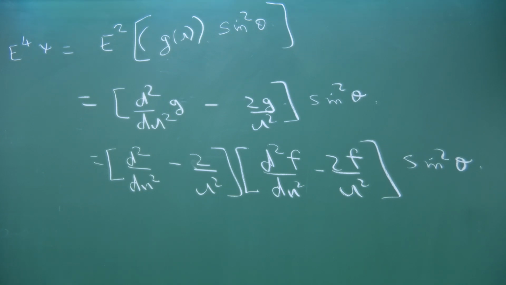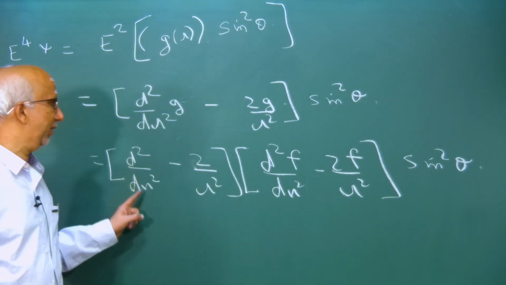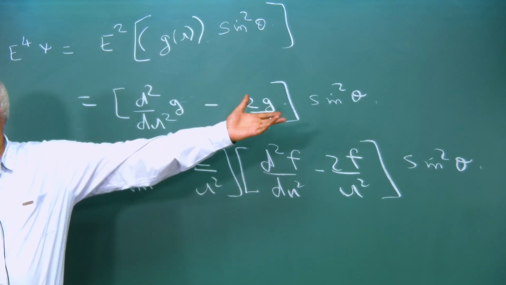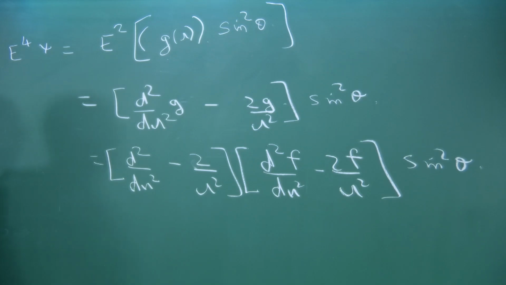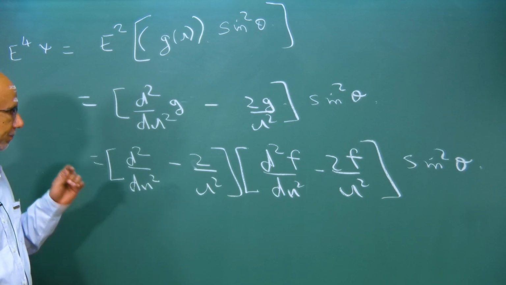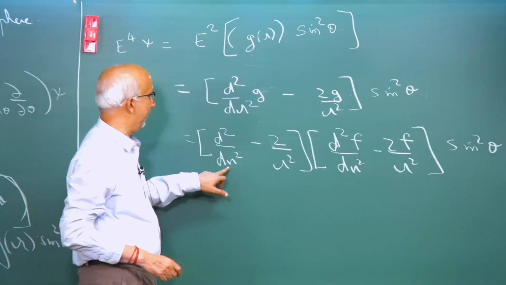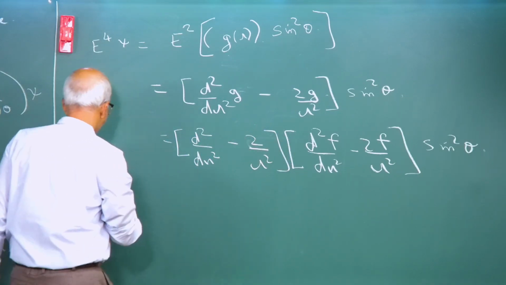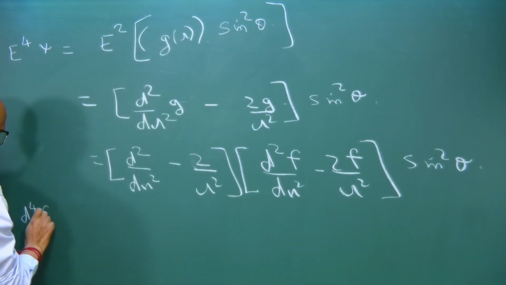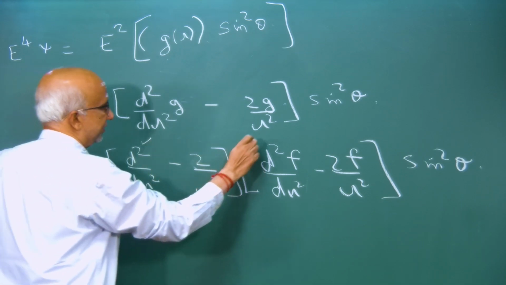So this is just step by step. It is basically d square by dr square minus 2 by r square whole square, and sin square theta comes out there. So I want to expand this out. This is d square by dr square of this. So this operating on that is going to give me d power 4 f by dr power 4. That takes care of this and this.